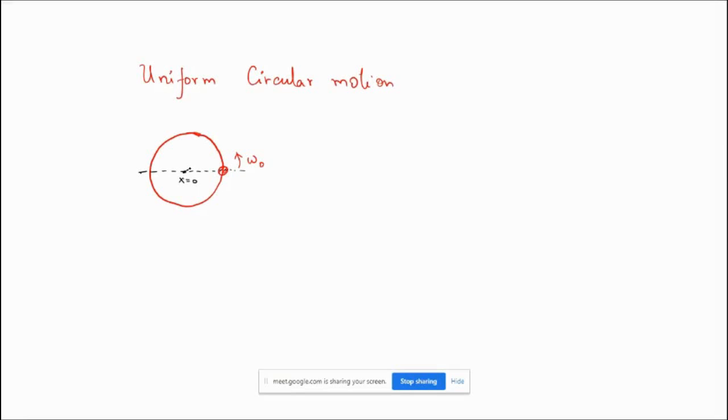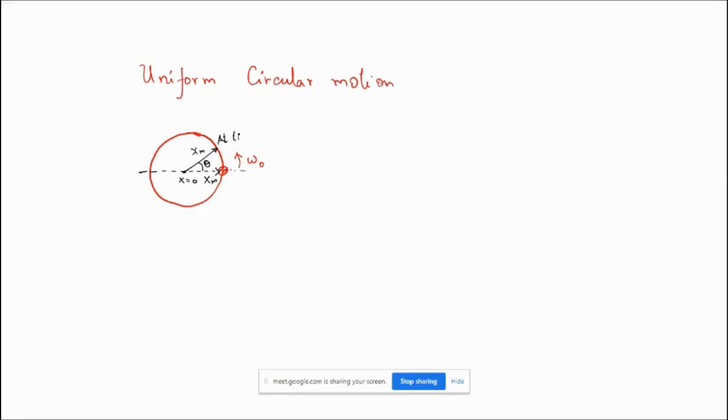At any time t, let the bead have traversed an angle theta. Let xm be the radius of the circle. So, the position vector is of length xm, but its direction changes as the bead moves.